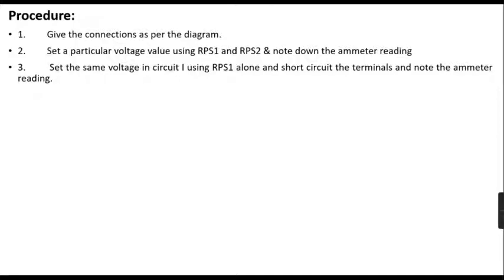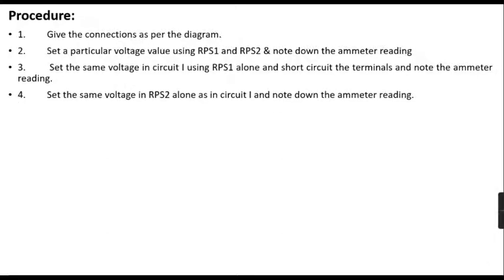To verify the superposition theorem, short circuit the second RPS, set the same value in RPS 1, and note down the ammeter reading again. In the next step, short circuit RPS 1 and set the same voltage in RPS 2 that we set in the second step. Now if you add the ammeter readings from steps 3 and 4, that should be equal to the value we got in step 2, which is for the original circuit.